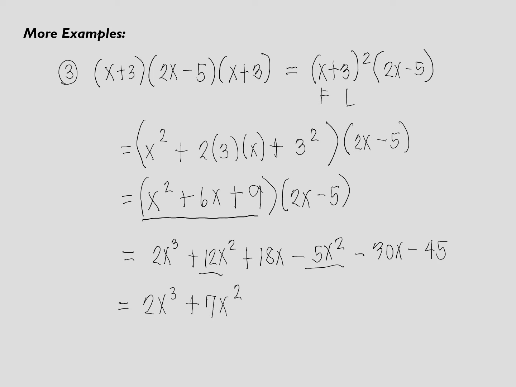Then 18x and negative 30x, so that's actually negative 12x, minus 45. So there you go. We have 2x cubed plus 7x squared minus 12x minus 45. And this is our final answer. Allow me to put it. All right, there you go.